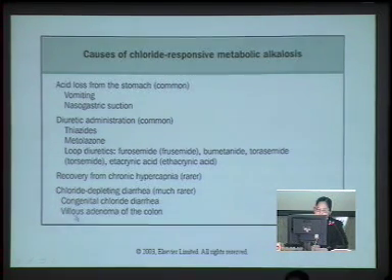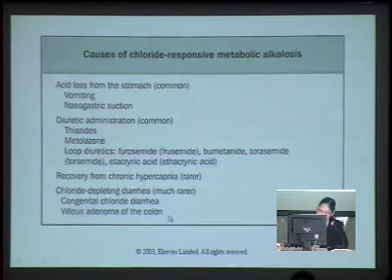Diarrhea, you can develop metabolic alkalosis in this condition: villous adenoma, congenital chloride diarrhea. Usually it's rare, but it can cause metabolic alkalosis in diarrhea in this type of patient instead of metabolic acidosis.